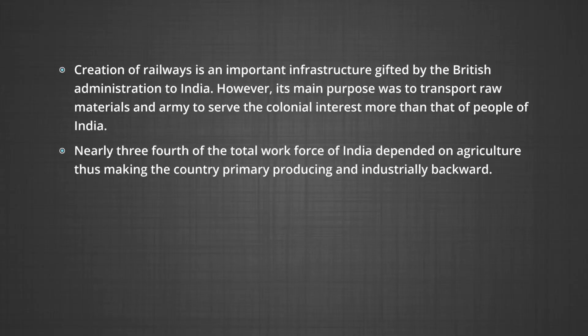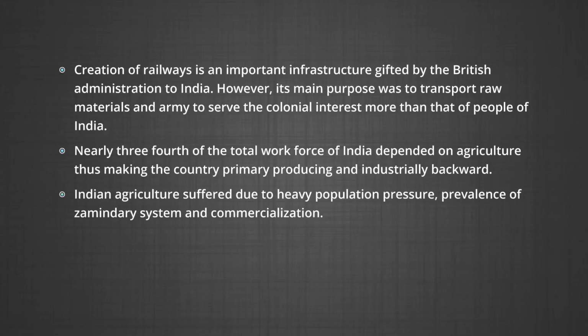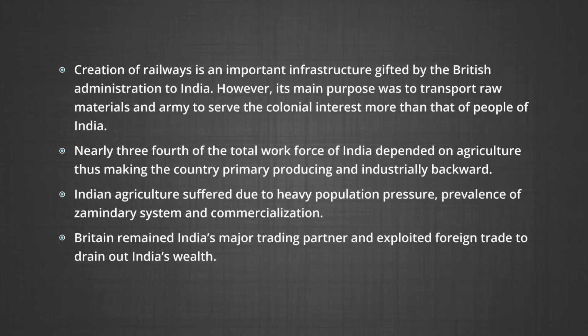Number 4, nearly 3/4 of the total workforce of India depended on agriculture, thus making the country primary producing and industrially backward. Number 5, Indian agriculture suffered due to heavy population pressure, prevalence of zamindari system and commercialization. Number 6, Britain remained India's major trading partner and exploited foreign trade to drain out India's wealth.